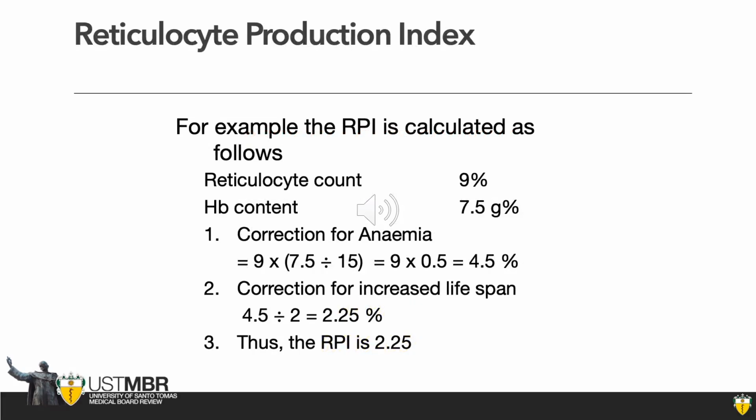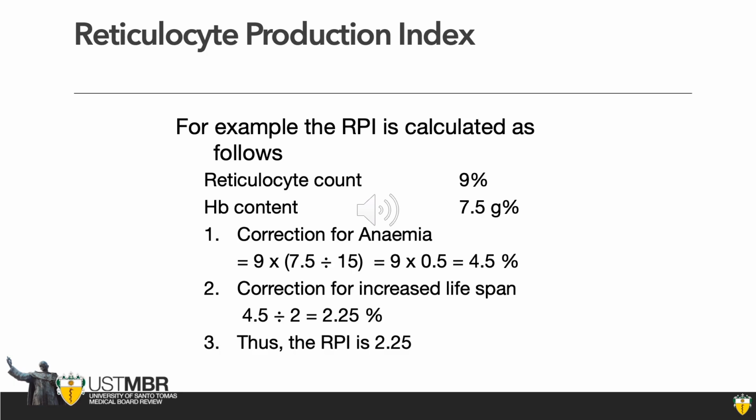You should not take the reticulocyte count as it is. We usually compute for the corrected reticulocyte count to know if the bone marrow is able to compensate adequately to the level of anemia. Because if indeed the bone marrow is normal, then we expect a high reticulocyte count in a patient who is anemic.